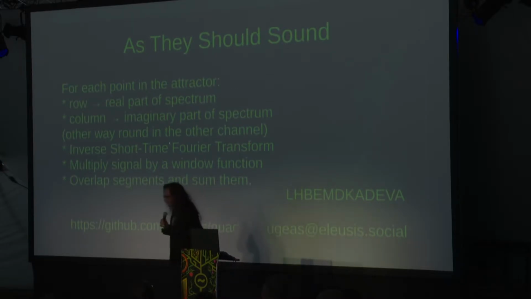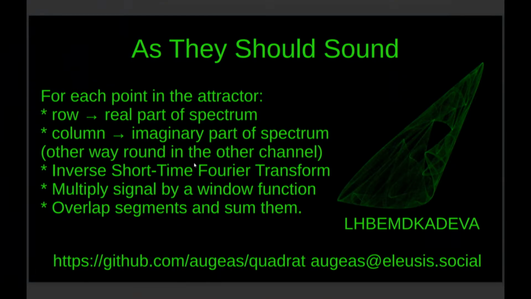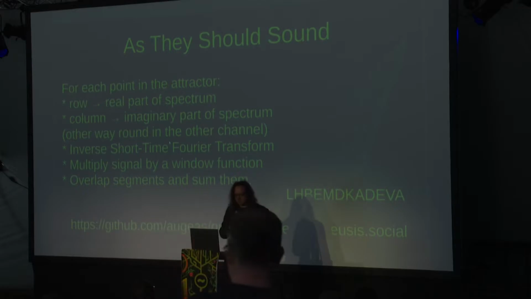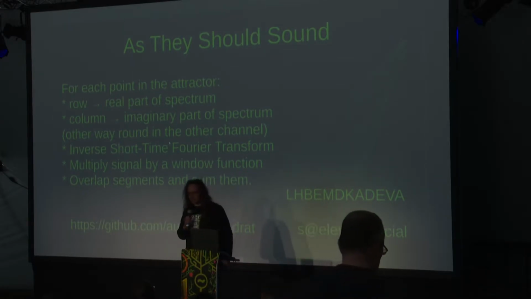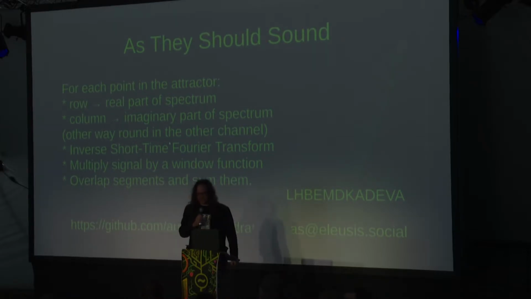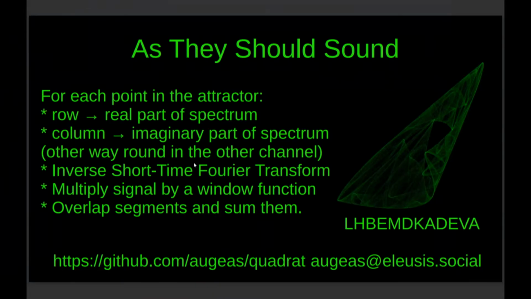So, each point, take its row, take its column, pretend that they are real and imaginary parts of spectra, and inverse short-time Fourier transform them. Multiply them by a window function, hand-waving, complex conjugate, etc., etc., to get a real signal. I could have just used the discrete cosine transform.